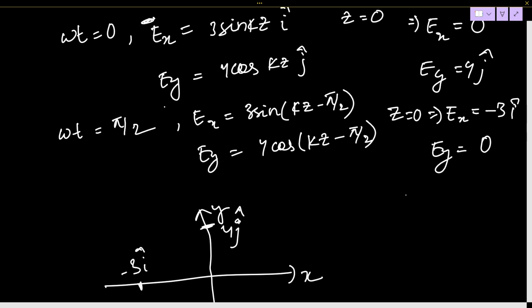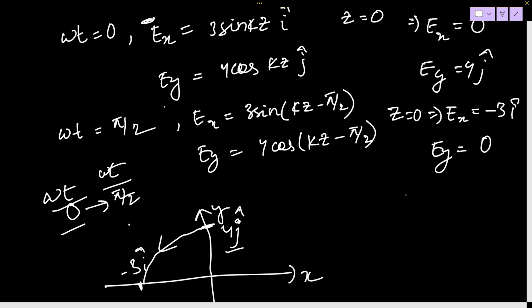So the direction is from 0 to pi by 2: from 4 y cap to minus 3 x cap.